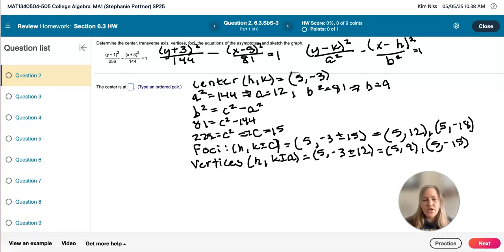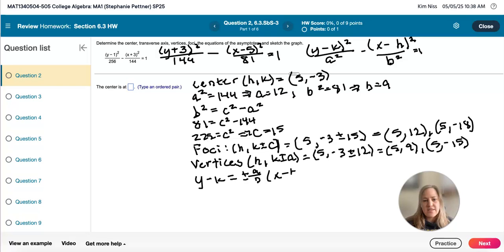Now we want to find the equations of the asymptotes. The equation of the asymptote is y minus k equals plus or minus a over b times (x − h).